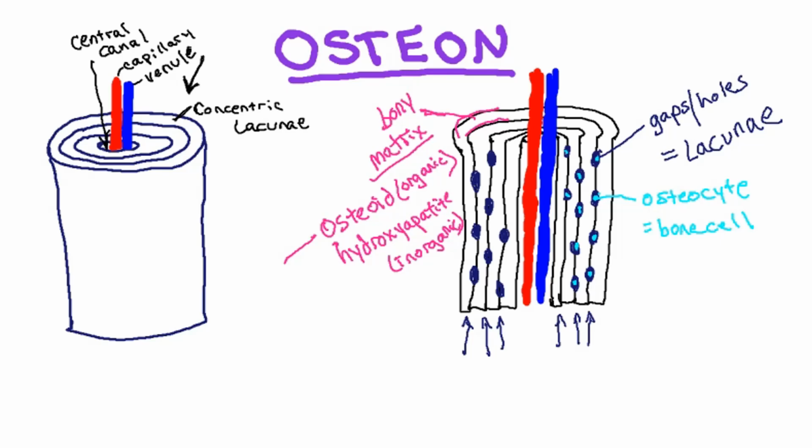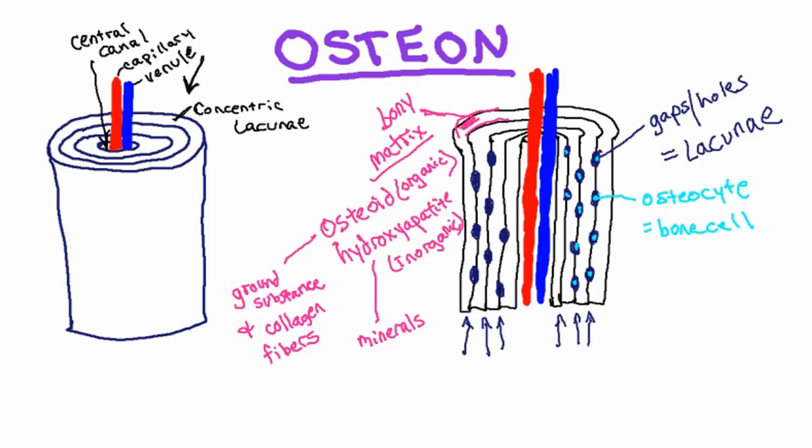So the organics, the osteoid, is the ground substance, and the ground substance is kind of like the mesh to a carpet. It's the stuff that grounds everything. It's what everything is connected to, so it stays in place. The ground substance and collagen fibers, those are the organic portions of the bony matrix. And then the hydroxyapatite, the inorganic portions of the bony matrix, are the minerals to make it hard.